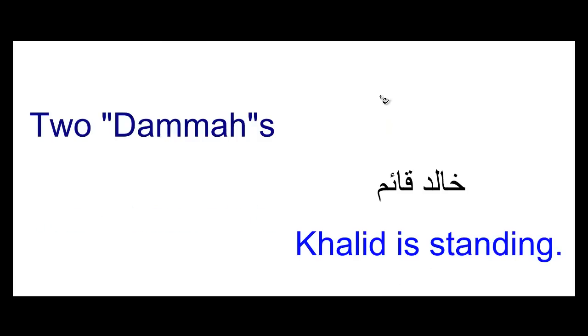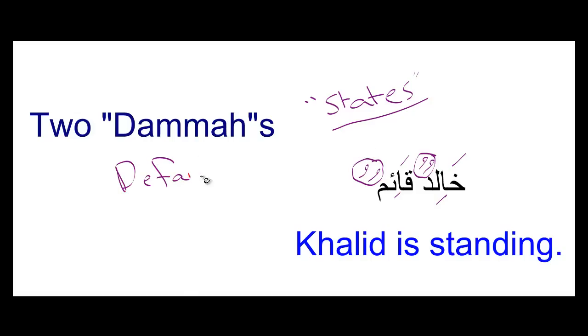Now some of you might be wondering why a lot of times when I write words, I'll add two dhammas at the end. This dhamma tanween signifies the default state, because in Arabic grammar, we have states. The dhammas usually tell you that this word is in its default state.